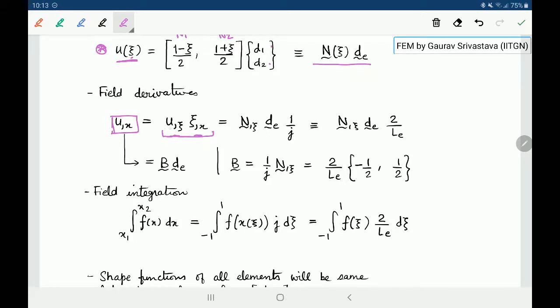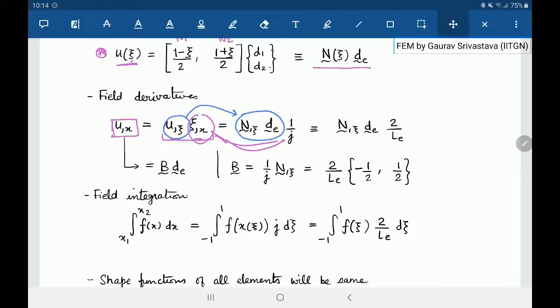Now this u comma psi is n comma psi times de, and the psi comma x is the inverse Jacobian 1 by j.